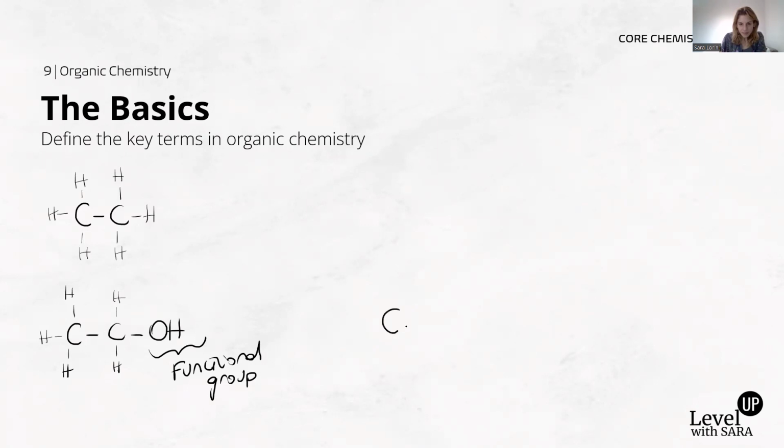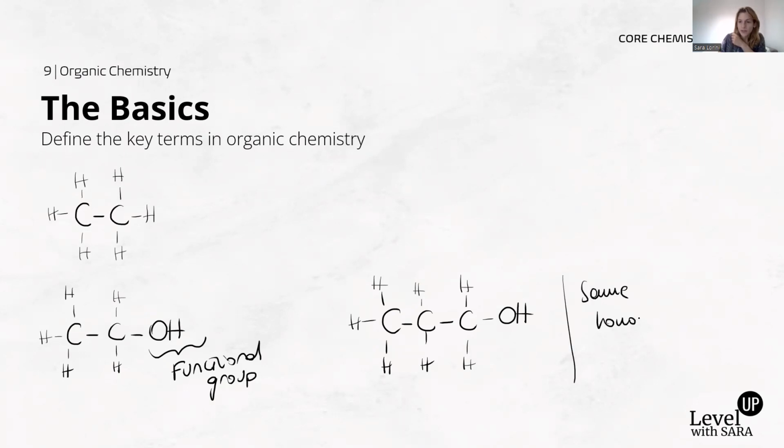A molecule that has the same functional group but a different number of carbons could be this one. Notice that I've added another carbon. Remember, it's full of hydrogens. Those two are from the same homologous series.